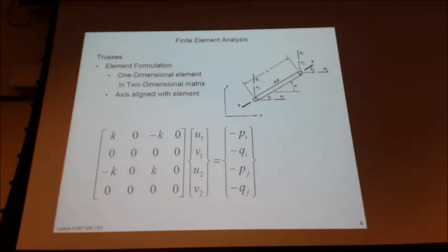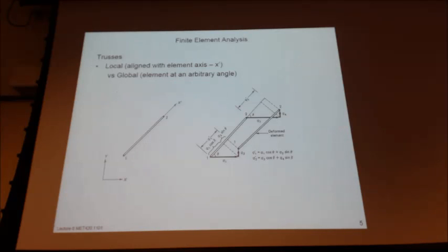And we're saying that our axis is aligned with the element. But in reality, most of the time our global axis is going to be different than our local axis. So to describe that translation from 1 to 2 or Q1 to Q2, we have to include cosine and sine and redo our matrix.